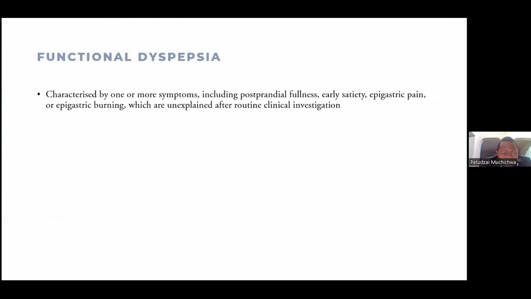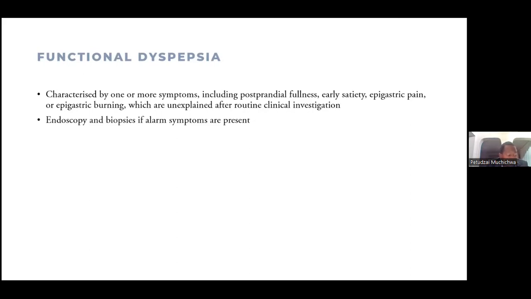Functional dyspepsia is characterized by one or more symptoms, including postprandial fullness, early satiety, epigastric pain, or epigastric burning, which are unexplained after routine clinical evaluation. Endoscopy and biopsies are recommended if patients have alarm symptoms.